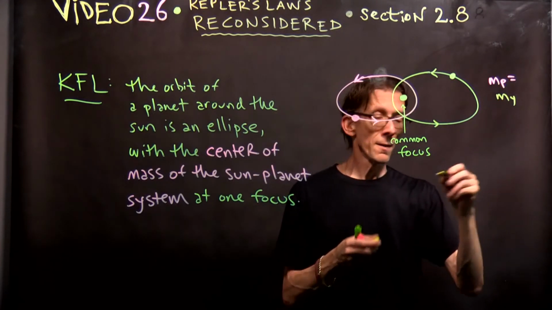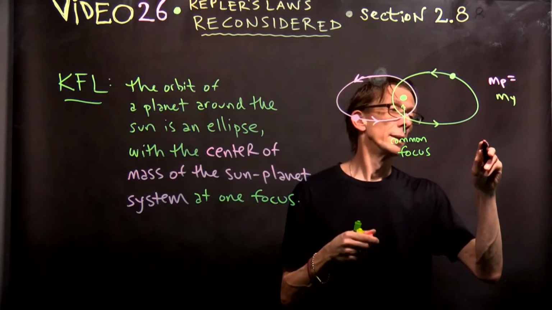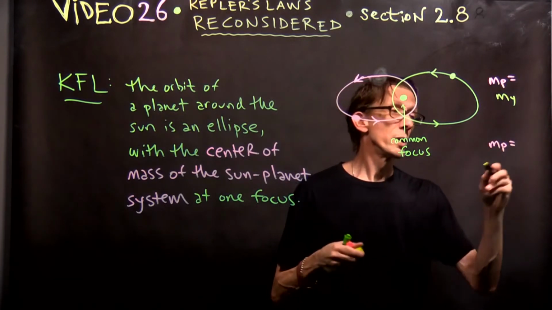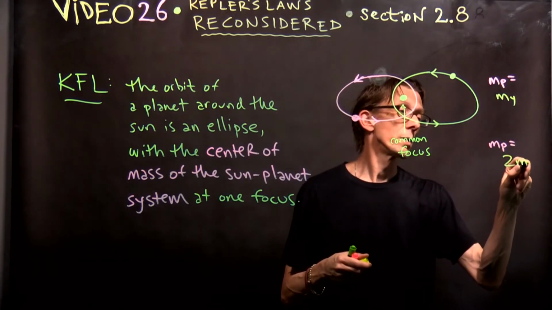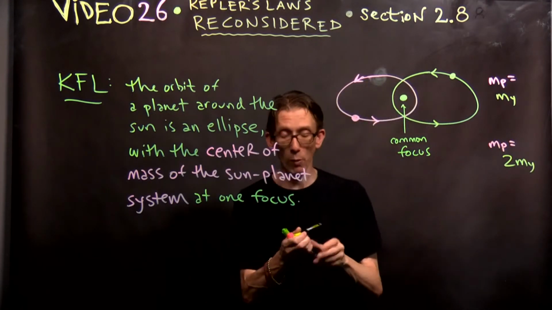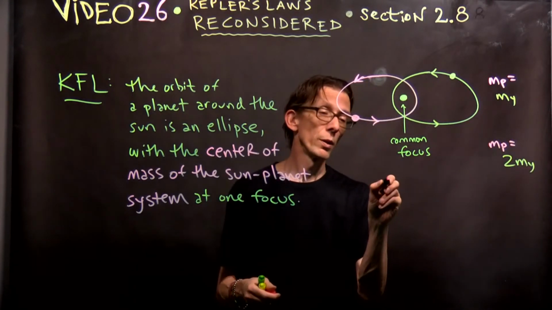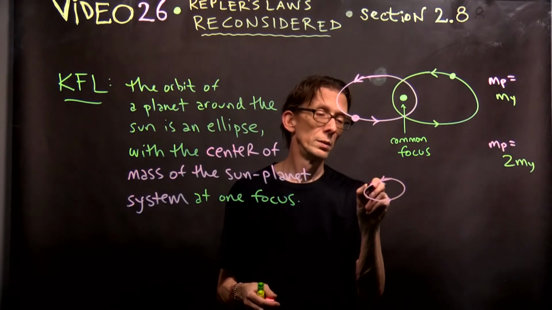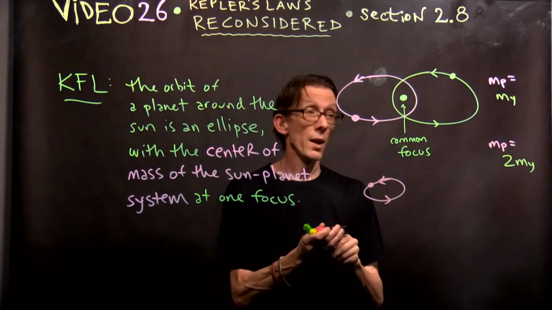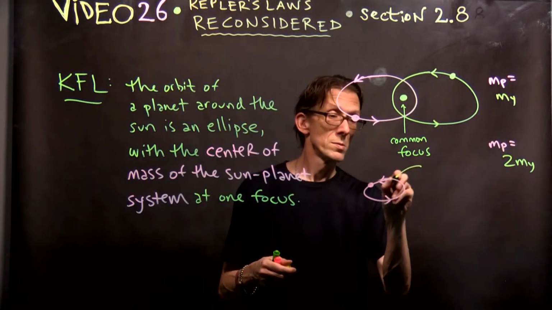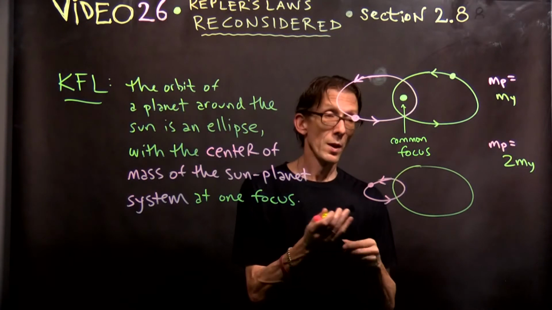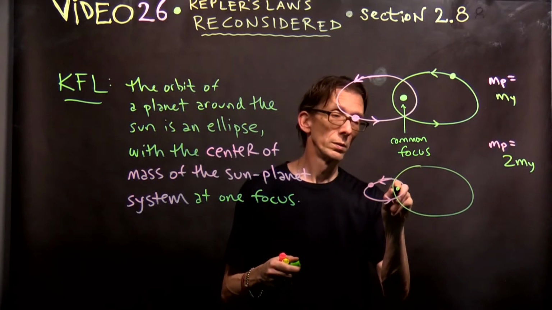Now let's say that the mass of the pink is twice as big, is 2 times the mass of the yellow. In that case, the pink would be orbiting on a smaller ellipse like this, still an ellipse, and this one would still be large, and it'd still have a common focus right here.